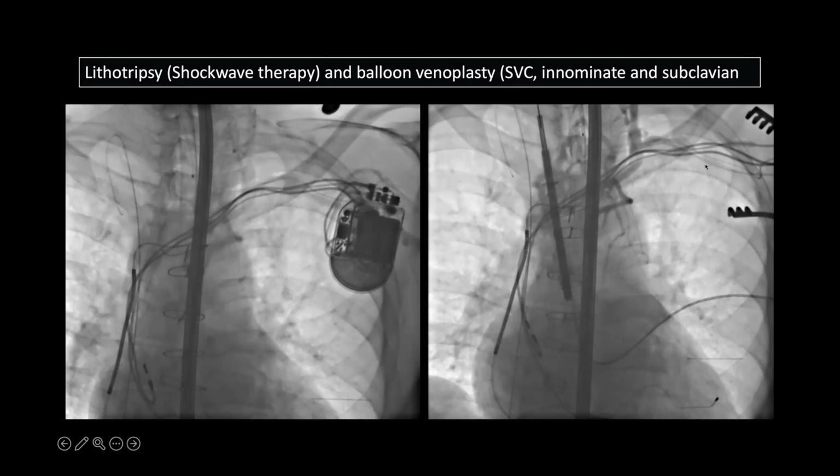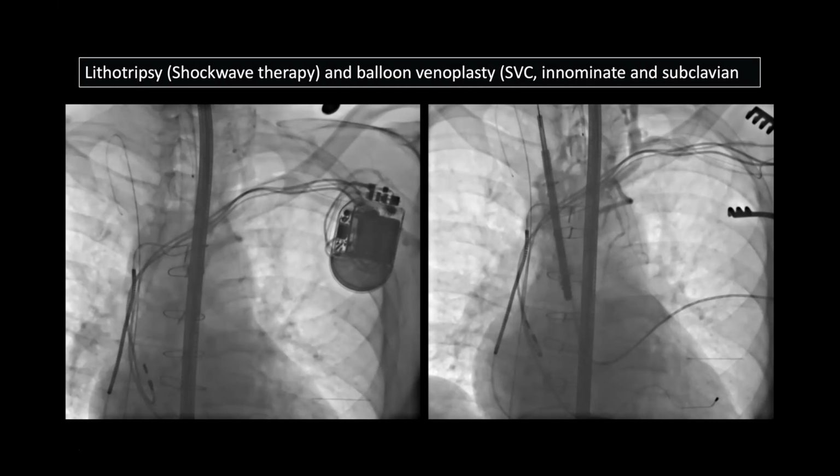We opened the pocket, we removed the generator, and I was able to pass a wire, of course, with multiple different techniques, like doing soft wires first, glide wires, glide cut, then progressively going for stronger wires, and then we were able to pass our lithotripsy balloon, and we were able to deliver that therapy all the way from the SVC RA junction to the right axillary vein.